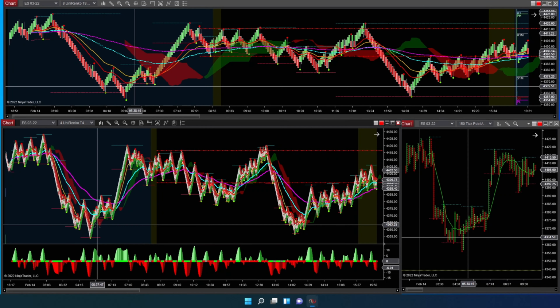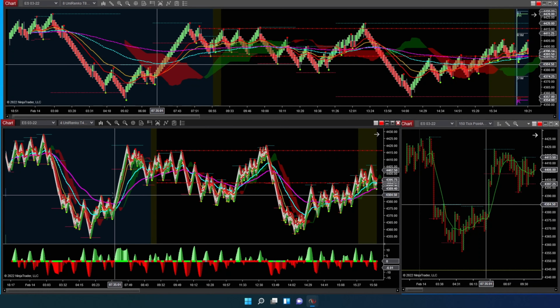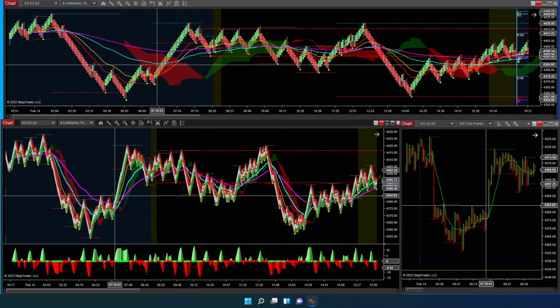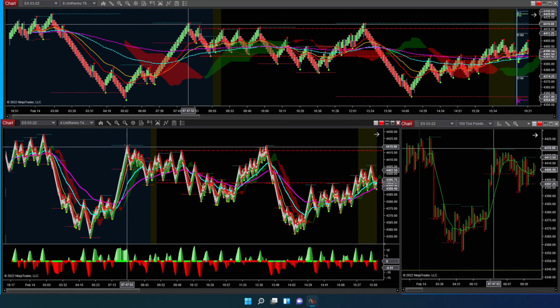So this one is a nice setup. The problem is that it's at 7:30 before the market opens. So I didn't feel comfortable taking that trade as it moved higher.